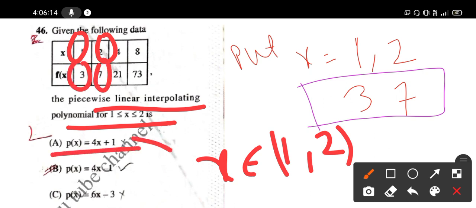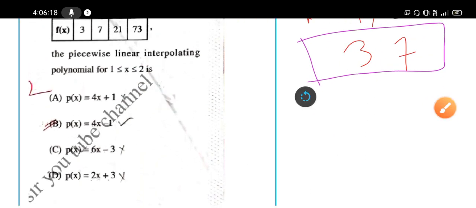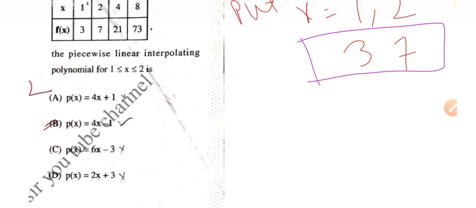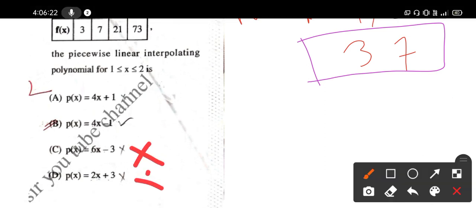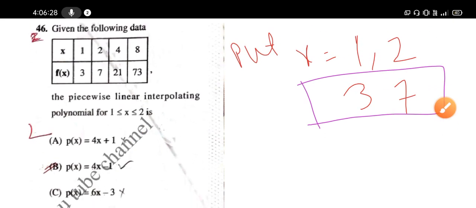Put this value here, discarded. Put this value, this is also discarded, this is also discarded. So option B is correct. Put x equal to 1, we get 3, and put x equal to 2, we get 7. So option B is correct.